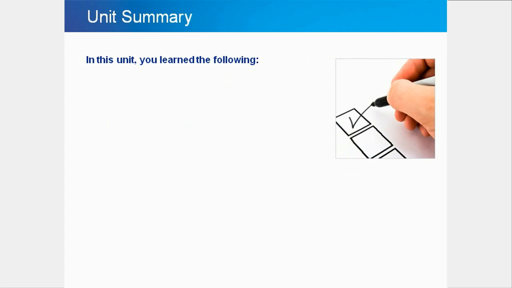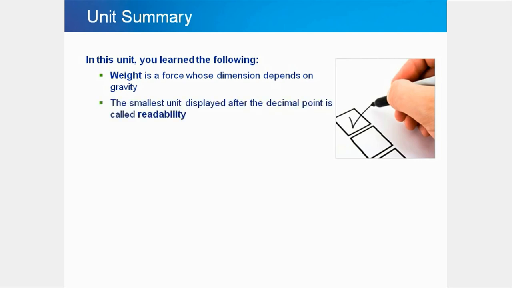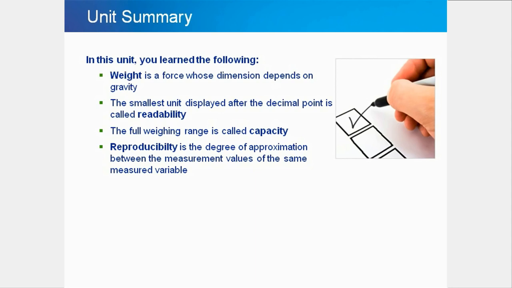In this unit, you have learned that weight is a force whose dimension depends on gravity. The smallest unit displayed after the decimal point is called readability. The full weighing range is called capacity. Reproducibility is the degree of approximation between the measurement values of the same measured variable.